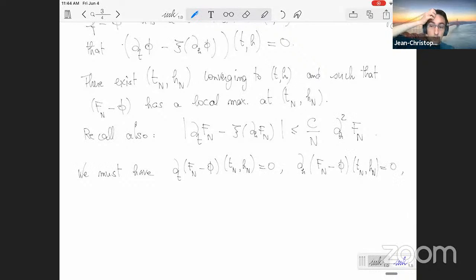And moreover, if this is a local maximum, then it must be that the second derivative points downwards. I'm only going to focus on the second derivative in h, because this is what appears in this inequality. So this relationship is valid.